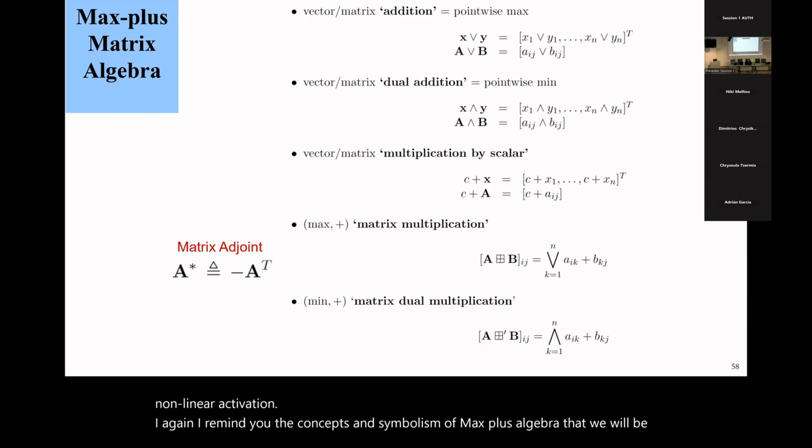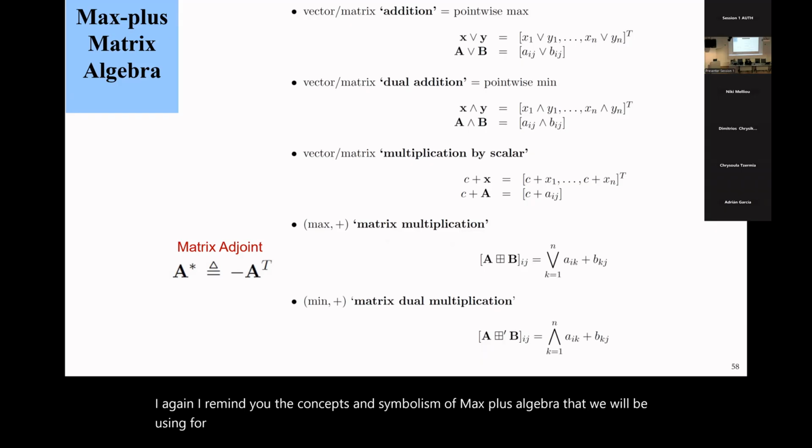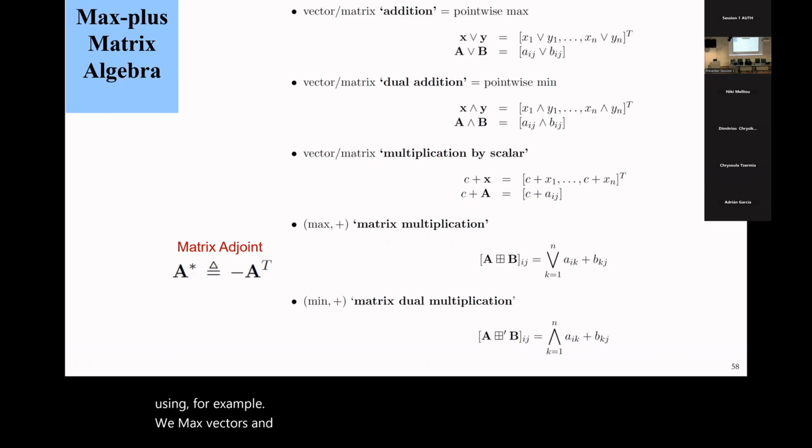For example, we max vectors and matrices point-wise by using this lattice symbol of maximum, or we take the minimum point-wise of vectors and matrices by using again this lattice symbol of minimum.